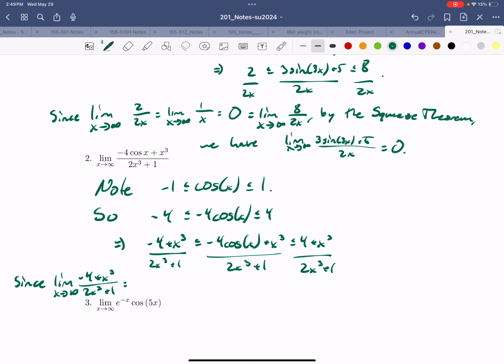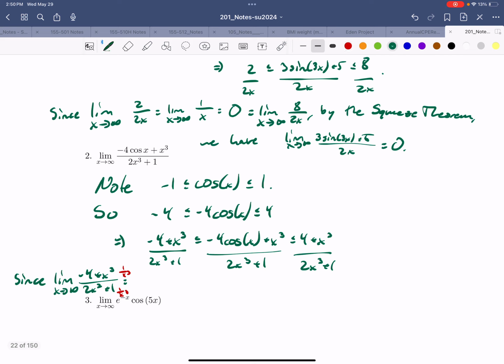Well, again, we need to kind of knock that down. Be a little careful with that. That's going to wind up equaling -4 over x cubed plus 1 over 2 plus 1 over x cubed.